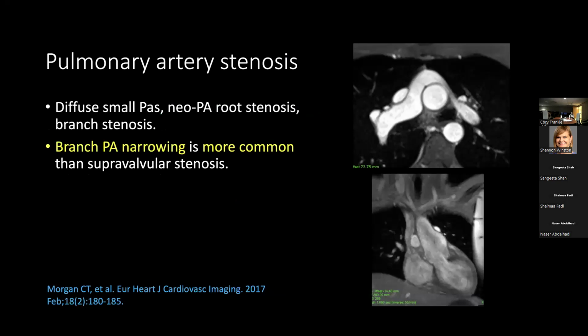Starting with the pulmonary artery stenosis, it could be diffuse small pulmonary arteries, or starting from the root, new PA root stenosis, or branching stenosis. The branching stenosis is more common than the supravalvular stenosis.